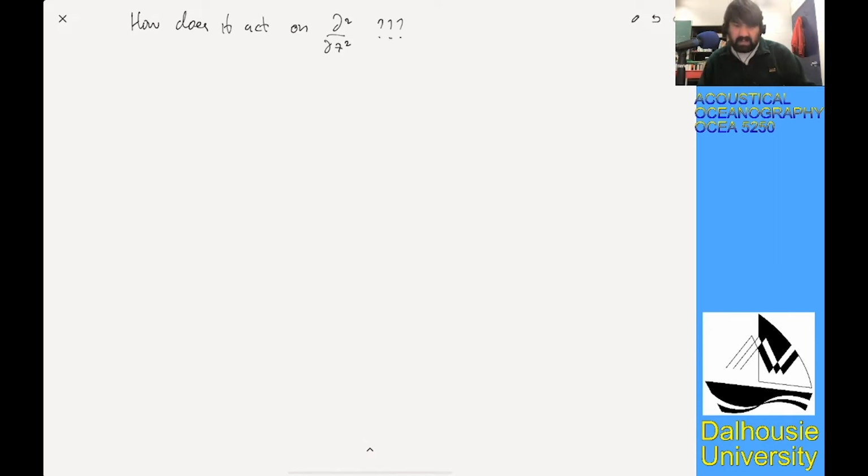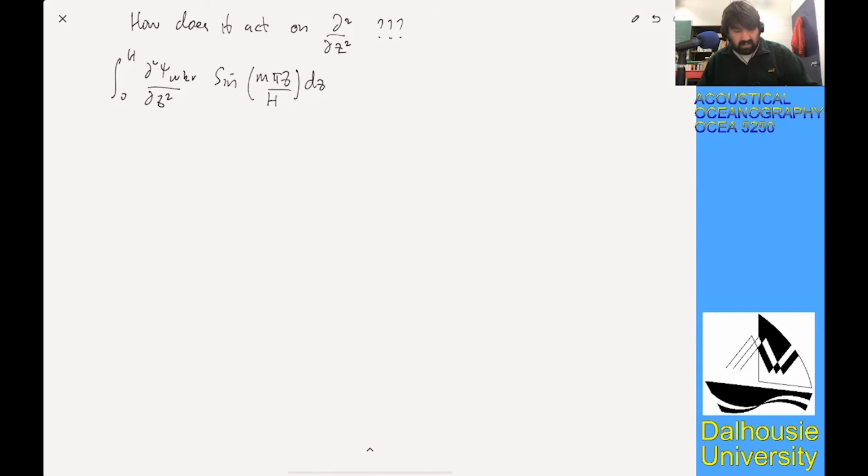Let's just try it out, as we've said a few times. If we integrate from 0 to h, d squared psi omega kr over dz squared, times sine m pi z over h, dz.